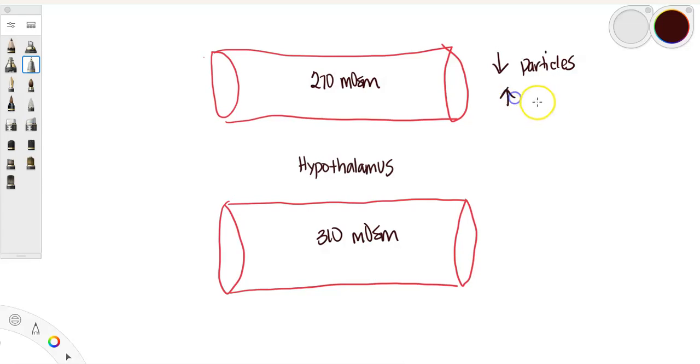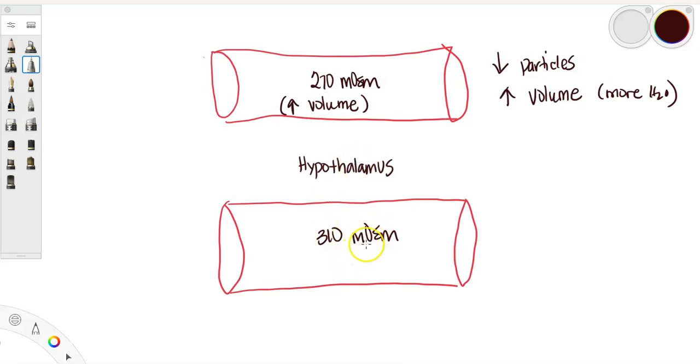So there's going to be increased volume, more fluid, more water. So in this scenario, the volume is increased.